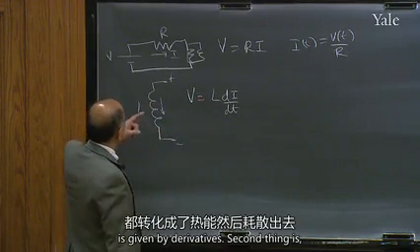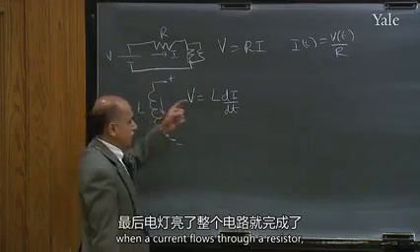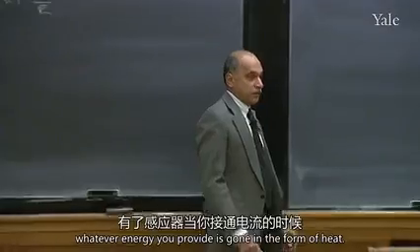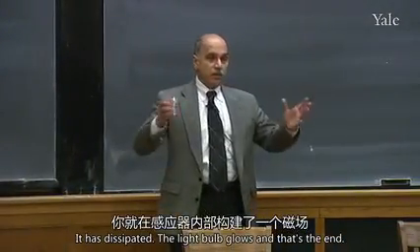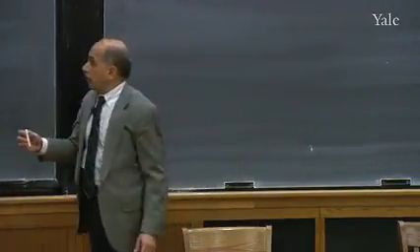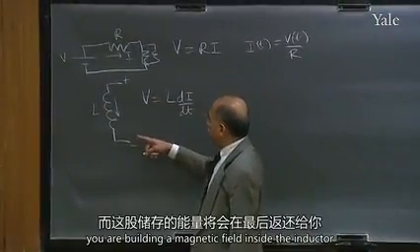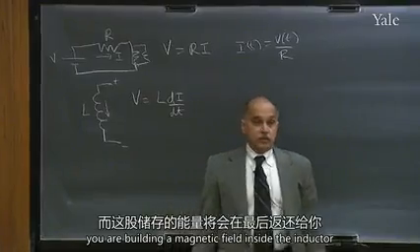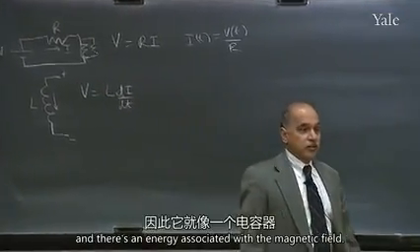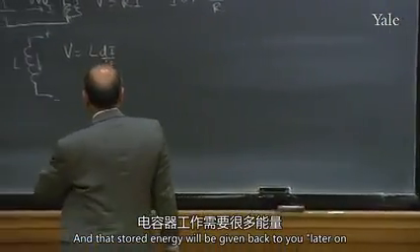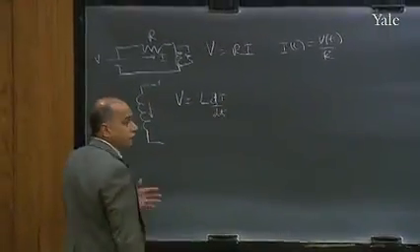Second thing is, when a current flows through a resistor, whatever energy you provide is gone in the form of heat. It is dissipated, the light bulb glows, and that's the end. With an inductor, when you drive a current, you are building a magnetic field inside the inductor. And there's an energy associated with the magnetic field, and that stored energy will be given back to you later on.